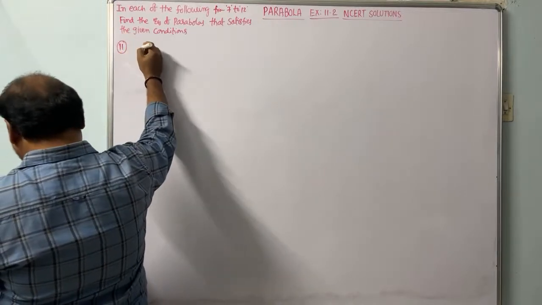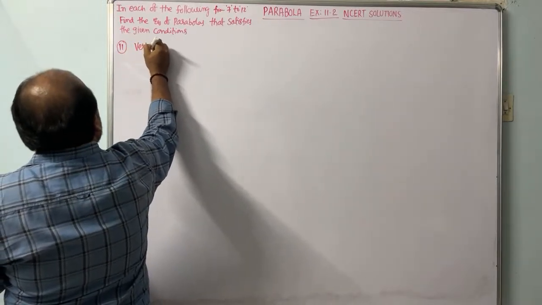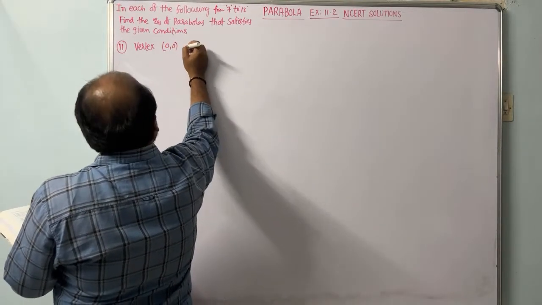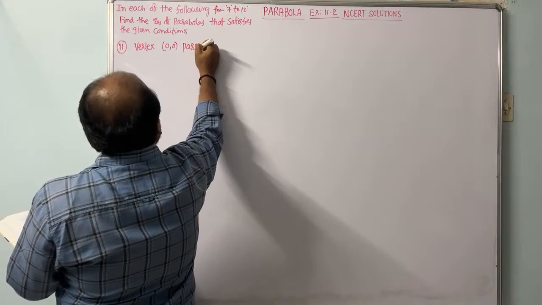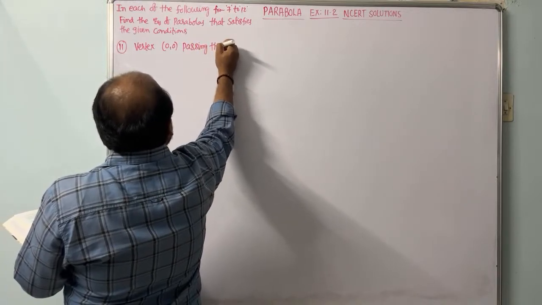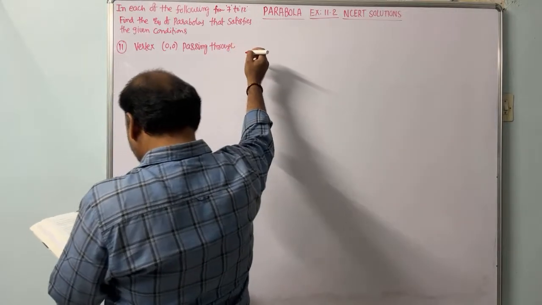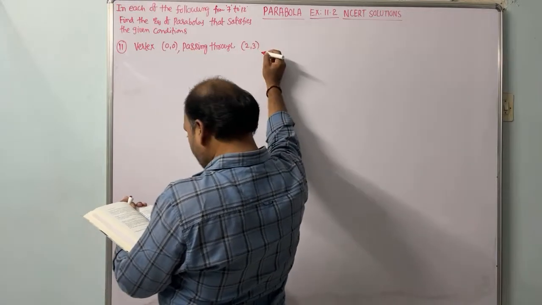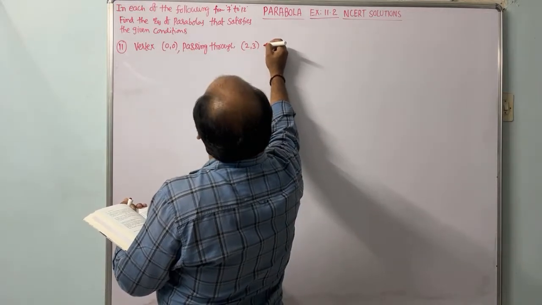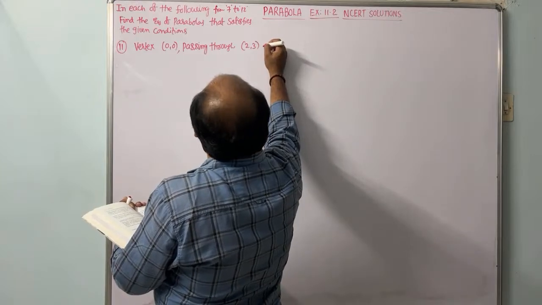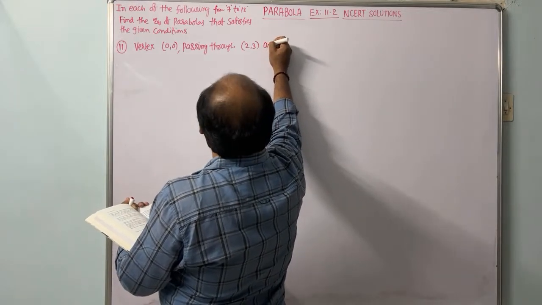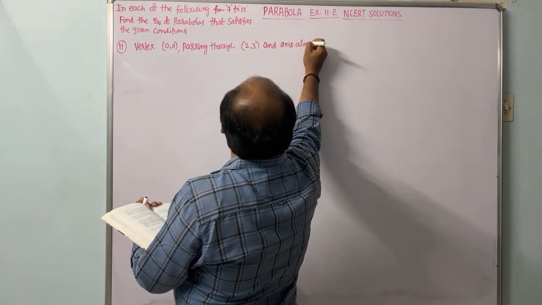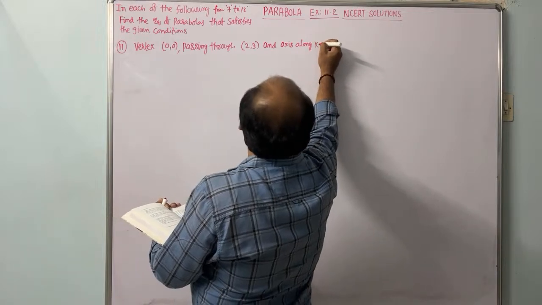The question number 11 is: vertex 0 comma 0, passing through 2 comma 3, and axis along x-axis.